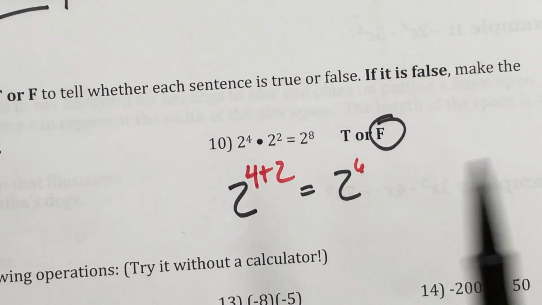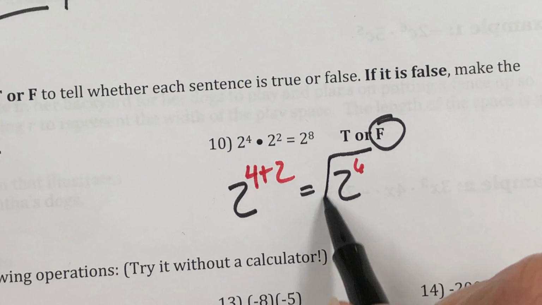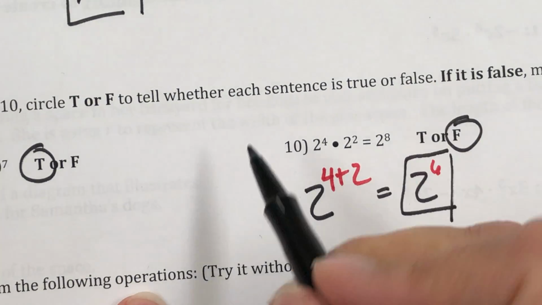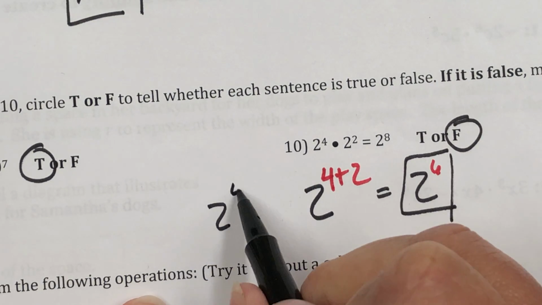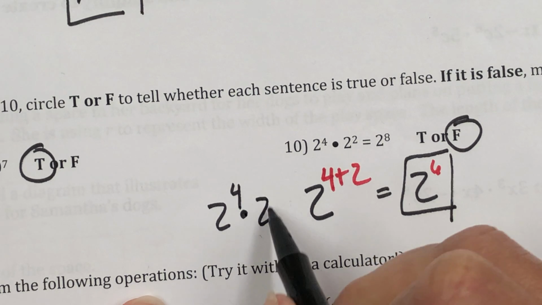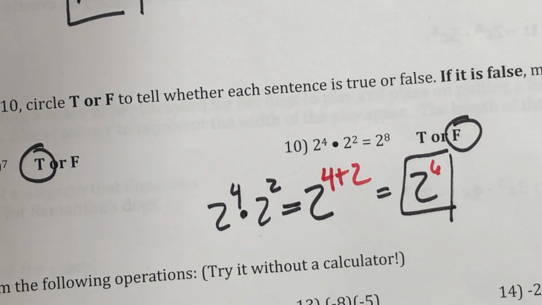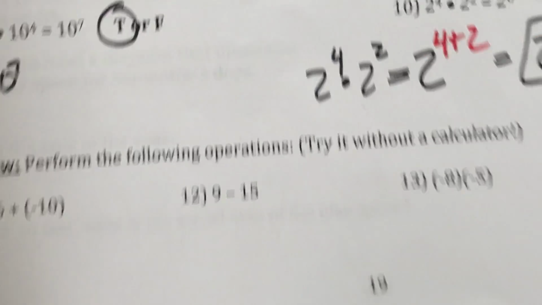Now, it says make the sentence correct. If you wanted to write this, 2 to the 4th power times 2 squared equals 2 to the 4 plus 2 equals 2 to the 6th. That would be fine too. Either of those, good. Got to show some work though.